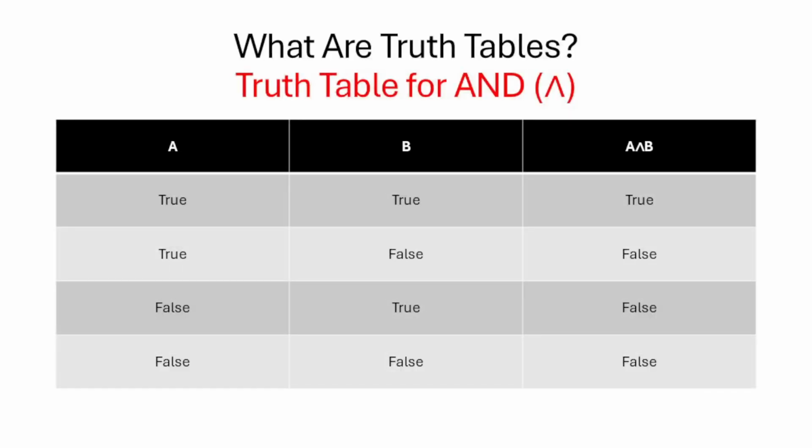They show how the truth or falsity of individual components affects the overall statement. So here we have a truth table, and it's a really simple one. We have a column for A, a column for B, and a column for A and B.